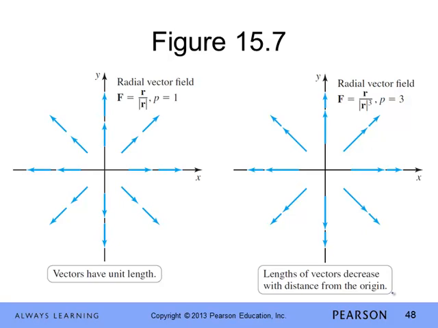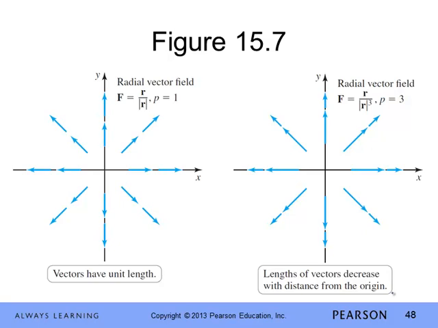All right. Now, radial vector fields are pretty important. Gravitational fields, electric fields, and so forth are all radial vector fields. We saw an example where the vectors are always pointing directly away from the origin, and there are some radial vector fields where they all point directly in toward the origin as well.